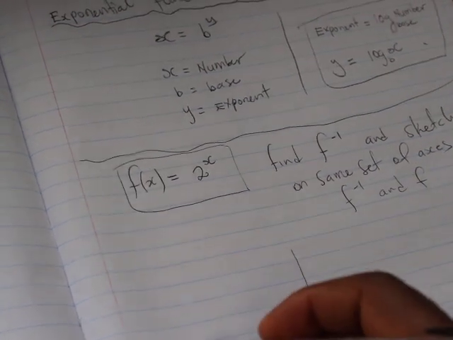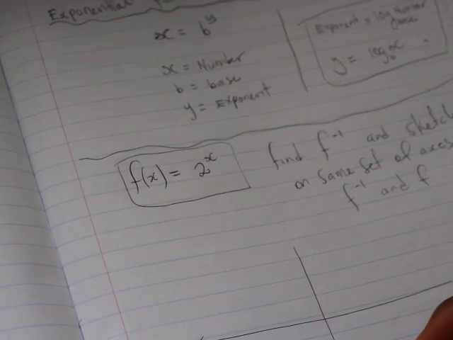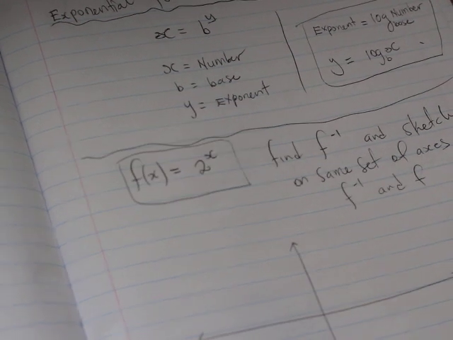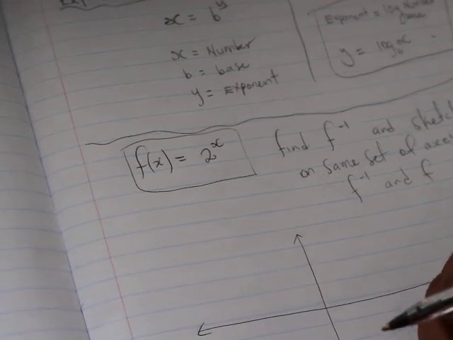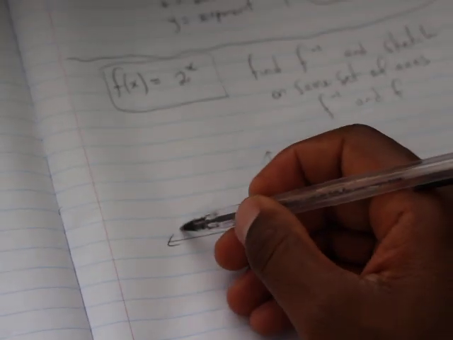So I'm going to start off by sketching the main function, because when you've got the main function it's done. The exponential function is like this. It's an increasing function.